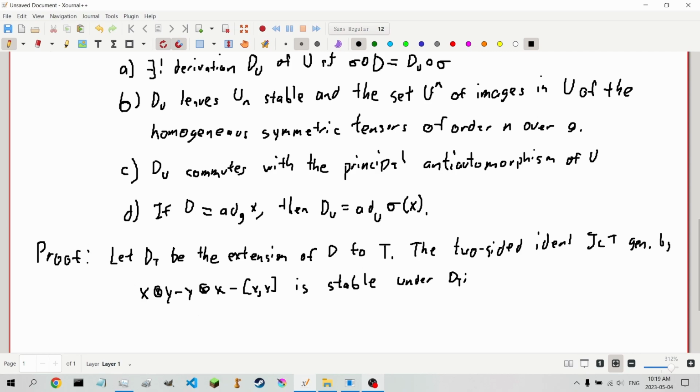How do we know? Well, dt of X tensor Y minus Y tensor X minus the bracket of X and Y.